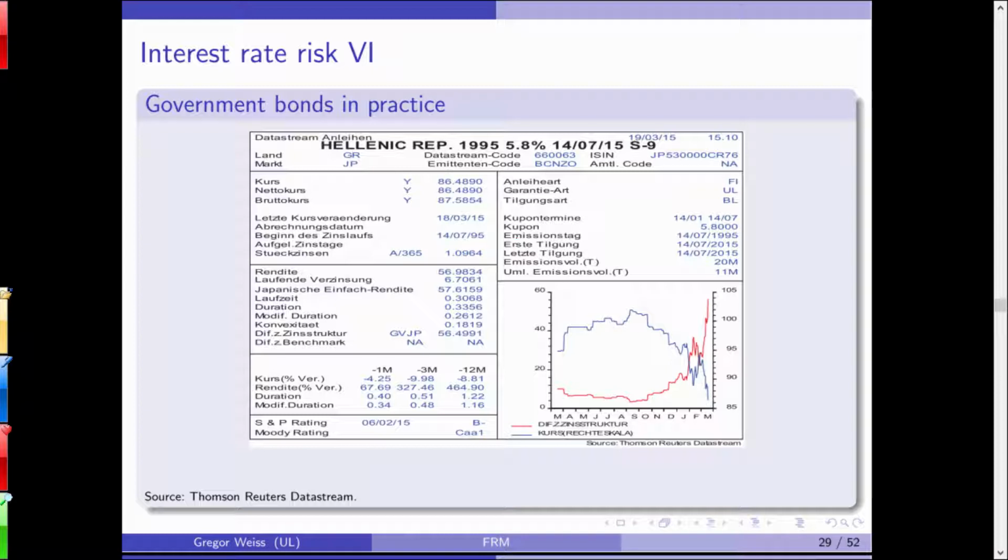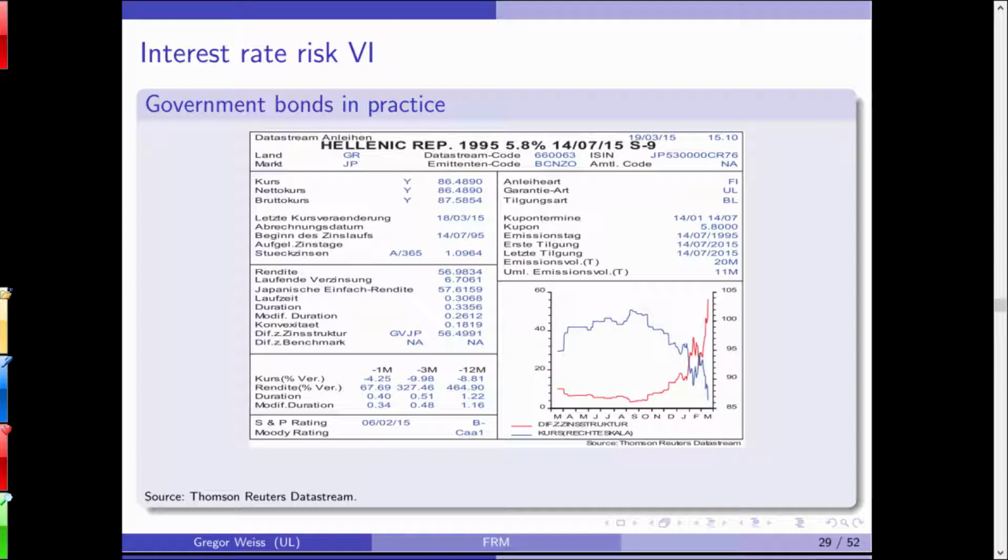You can see the official name of Greece, the Hellenic Republic. It's a government bond issued in 1995 with a 5.8% coupon. Quite clear, back then interest rates were much higher, and some countries had to pay a lot on their bonds. If you want to raise capital, even as a government, and no one is willing to buy your bonds, you have to pay a higher interest rate.